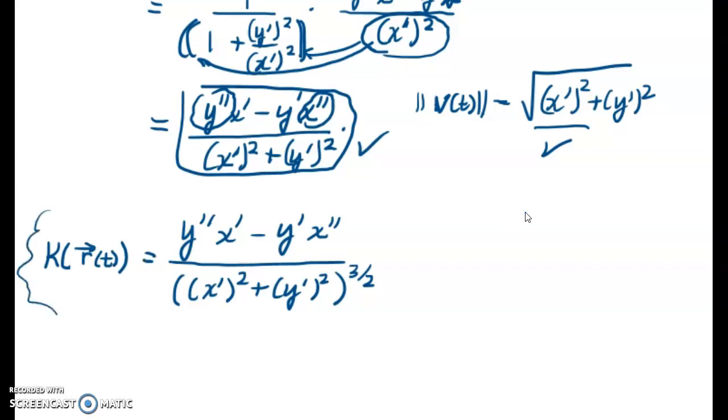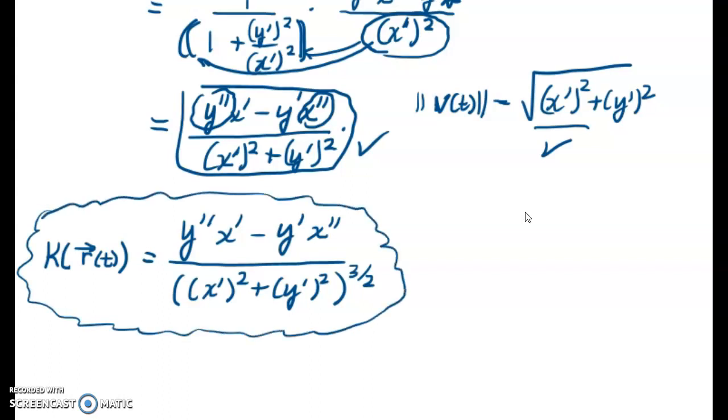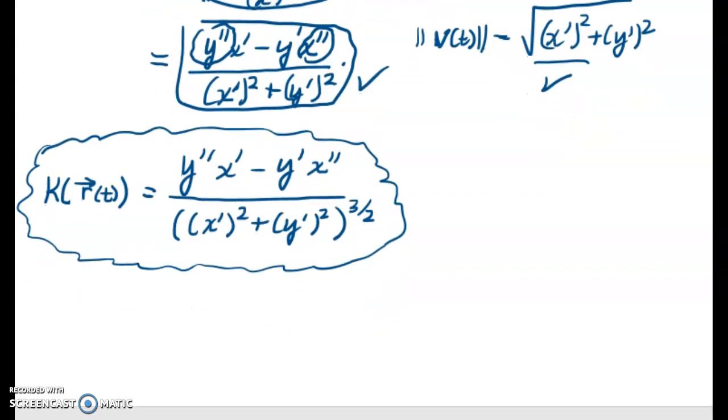So here's a formula. Now there are some things that I can do to modify this slightly to make it look a little bit nicer. One other thing I should mention: this rate of change of the angle, I don't care whether the angle is decreasing or increasing.